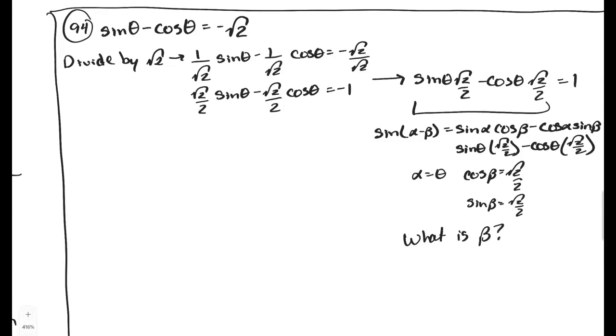Then we're going to go back to our unit circle. What has an x-coordinate of square root of 2 over 2 and a y-coordinate of square root of 2 over 2? Well, that happens at pi over 4. So now we know that the left-hand side of the equation is going to reduce to sine of theta minus pi over 4.